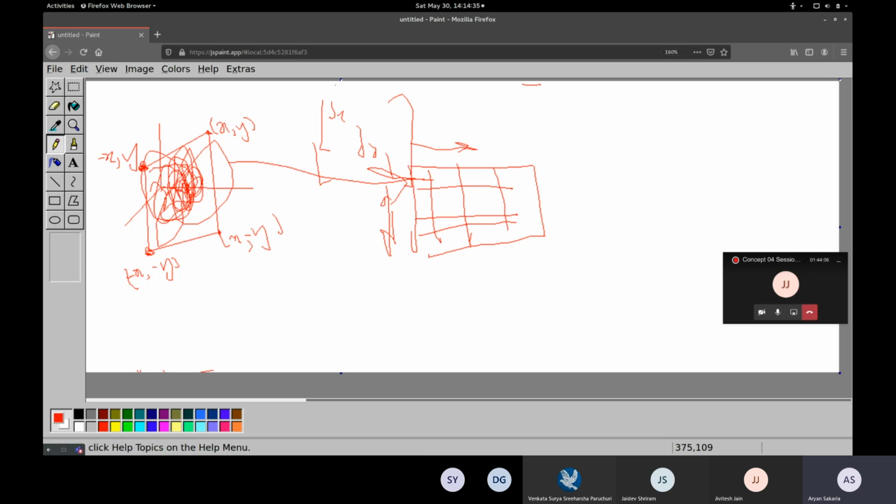And over here you have some translation factor. I want to get this point to 0, 0, because this is the first point in my image. So I'm going to translate it by X, and bring this down by minus Y.